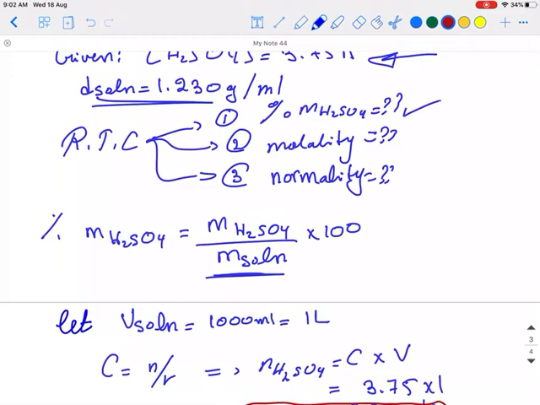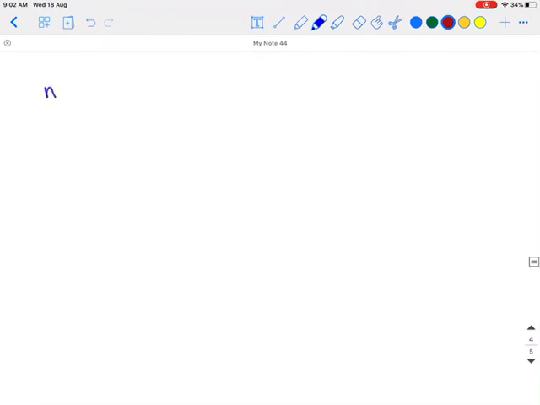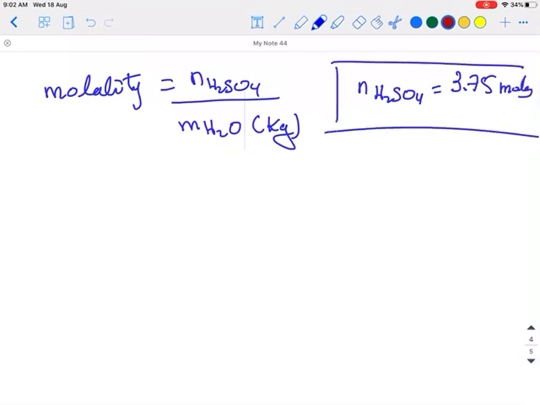Now let us find the molality. Molality is the number of moles of solute, which is the sulfuric acid, over the mass of solvent, water, in kilograms. The number of moles of solute we already found in the previous steps, 3.75 moles. Now I still need to find the mass of water.